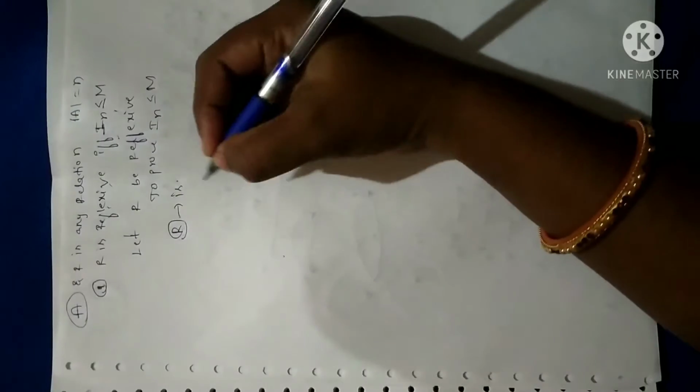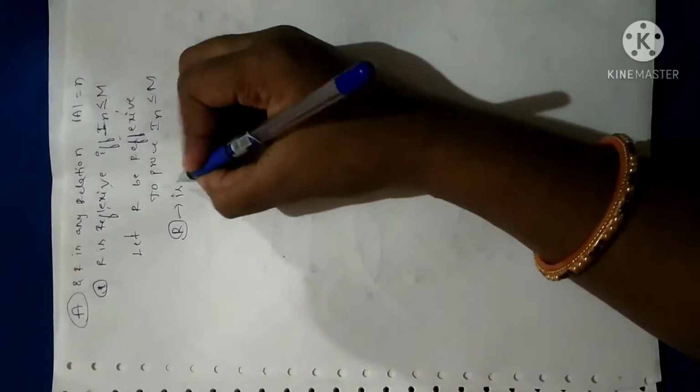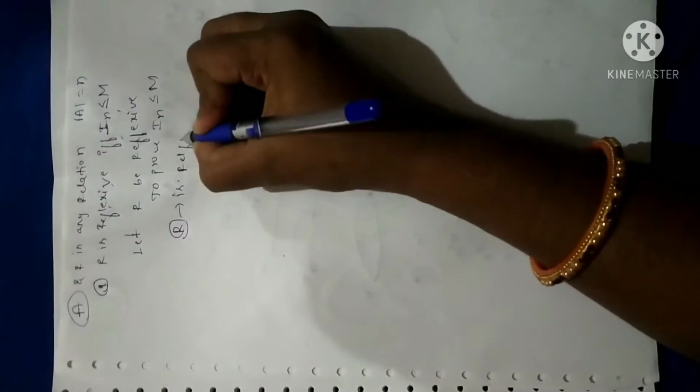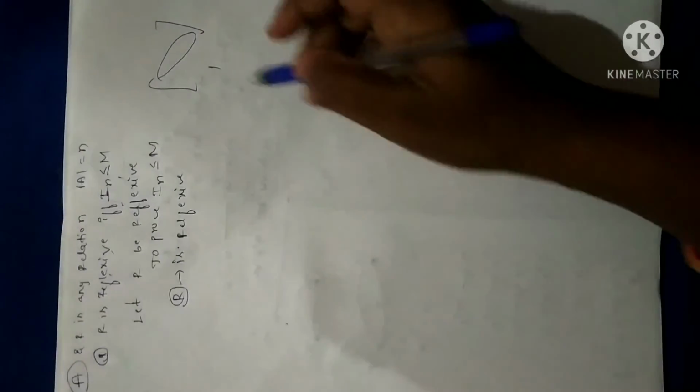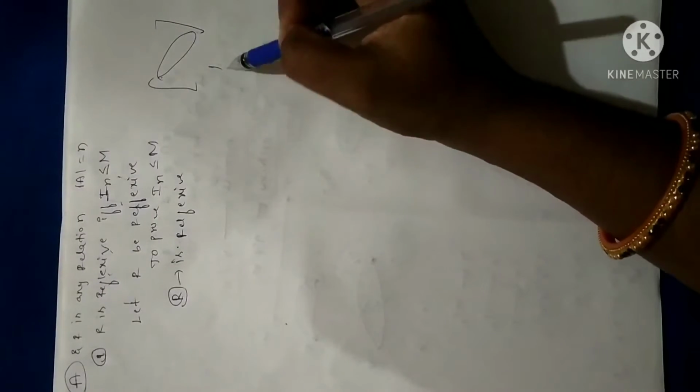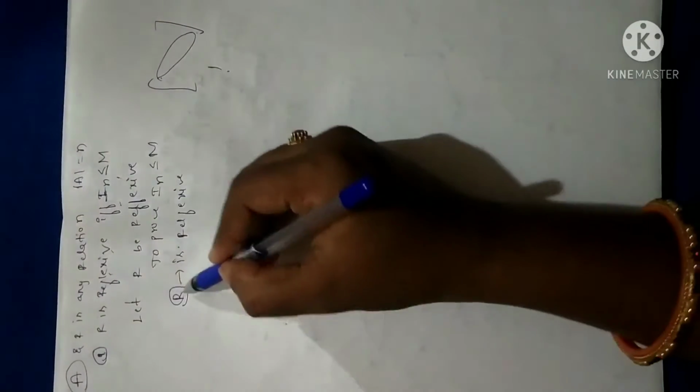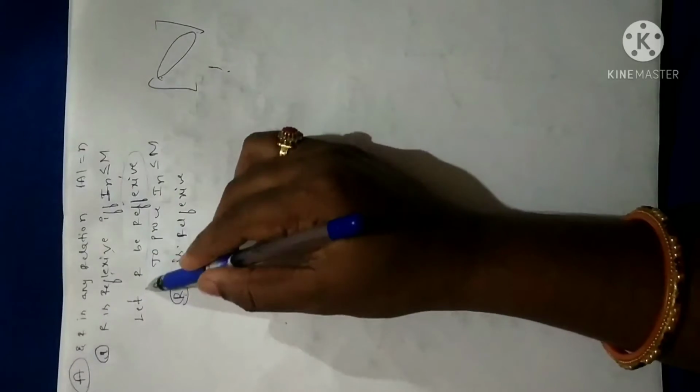Just before going to prove the theorem, I am recalling the concept. When do we say a matrix is reflexive? Only when the diagonal elements are equal to 1, right? This is what I have explained in the concept of digraphs. So the given matrix is said to be reflexive only when the diagonal elements are equal to 1. So I have assumed R is reflexive.